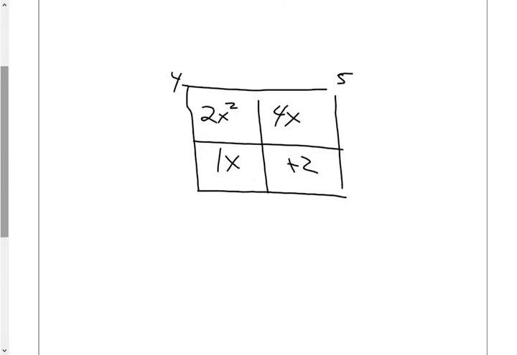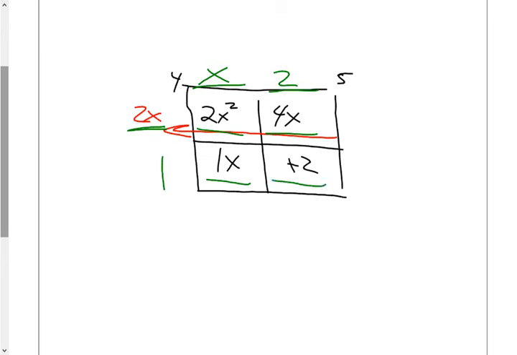Now to actually get my factors, I do a GCF, and then I divide. 2x squared divided by 2x is x. 4x divided by 2x is 2. x divided by x is 1. And 2 divided by 2 is also 1. So my factors are that.